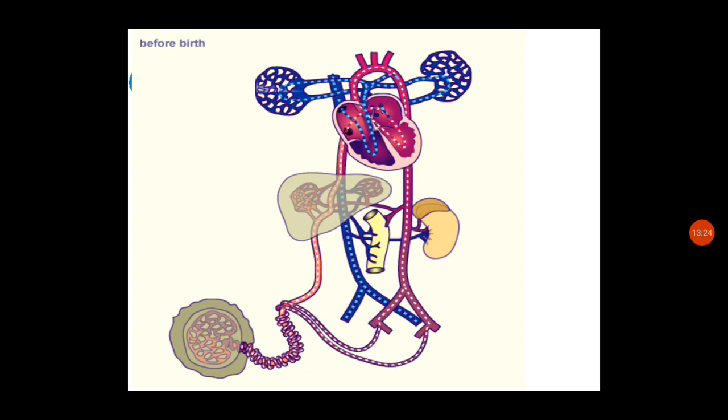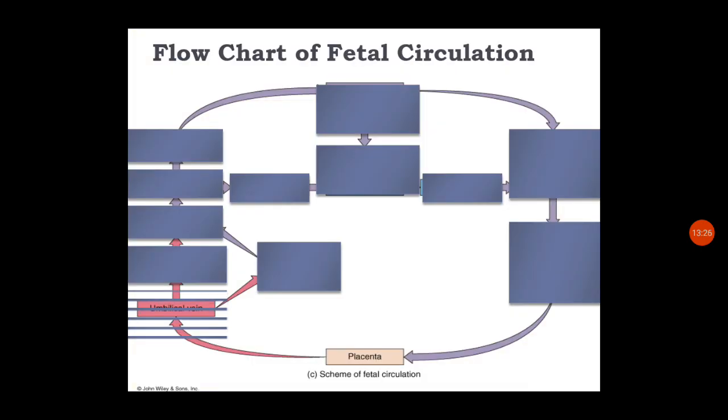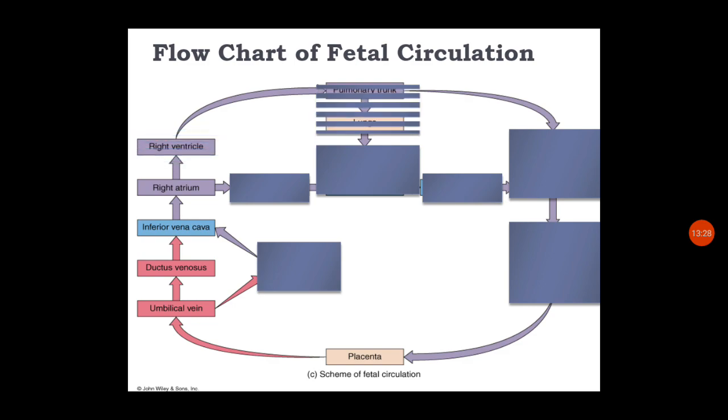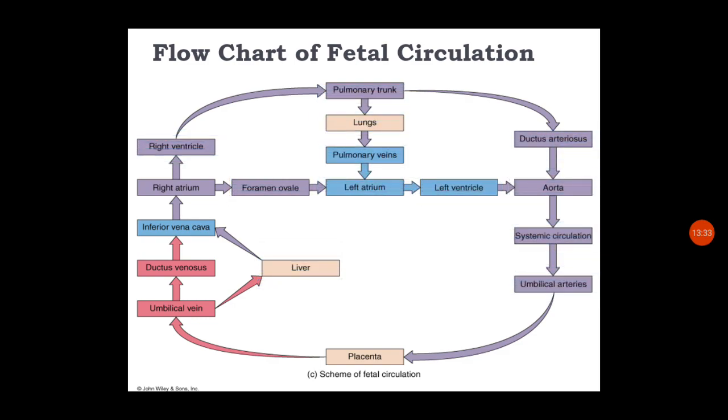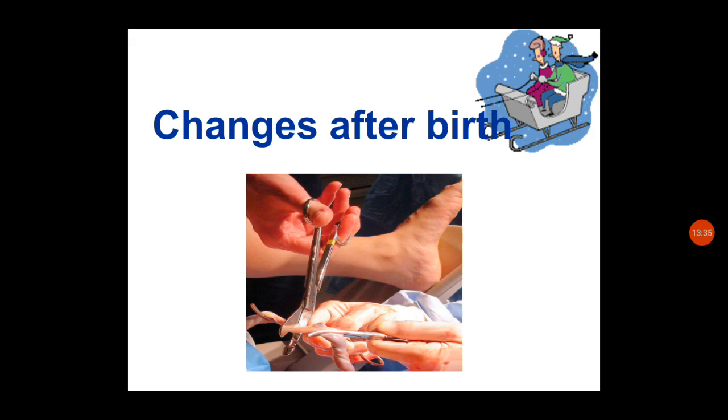So that is the mixing of the blood, and that's why this color indicates the fetus is getting mixed blood except the liver. So that is the importance of the liver, the organ, and we have to give special care for handling this liver. So now we can see what is the change after birth.